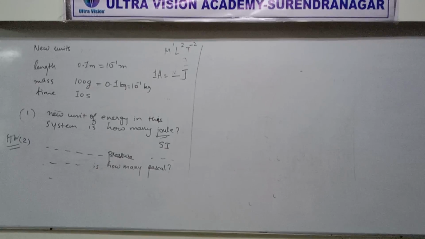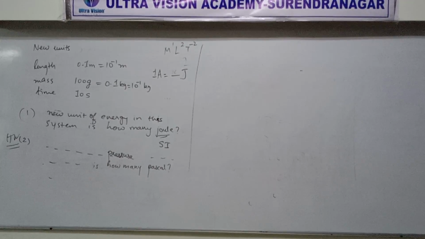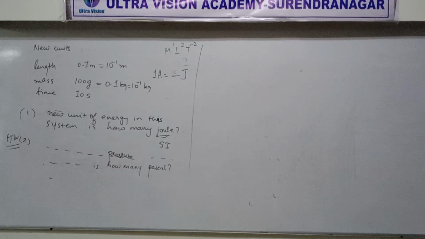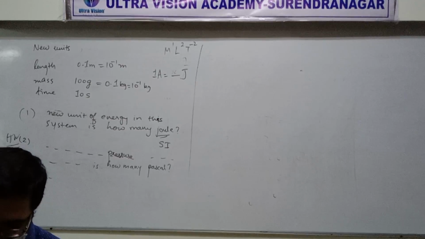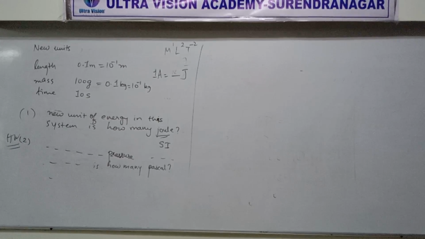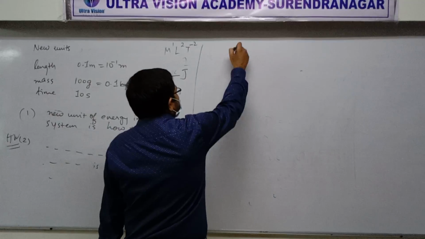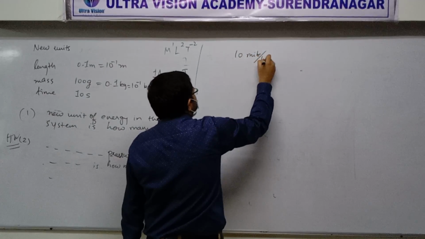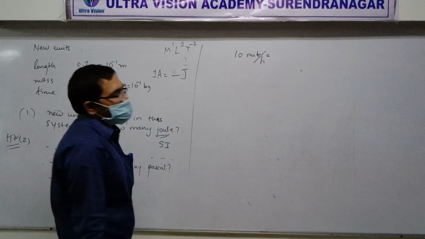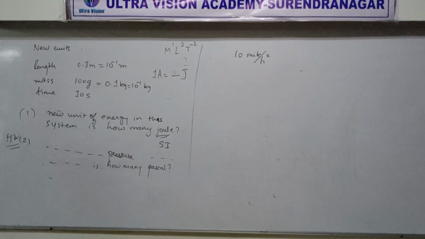Okay, let's go to 10. Acceleration of a car is, well, there's a little mistake here: 10 mile per hour square. It is not supposed to be HS. There's a typing mistake over there. It should be H square, 10 mile per H square.